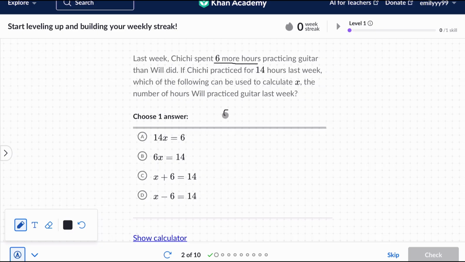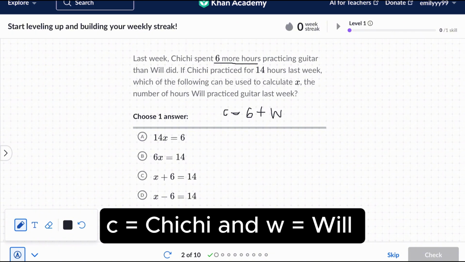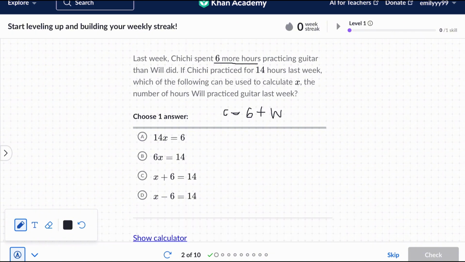Basically, we can set up that Chi-Chi spent 6 more hours than Will. So Chi-Chi equals 6 plus W, which is Will. But then we know that Chi-Chi practiced for 14 hours. So we can replace that C with 14 and then just put back the rest of the equation.